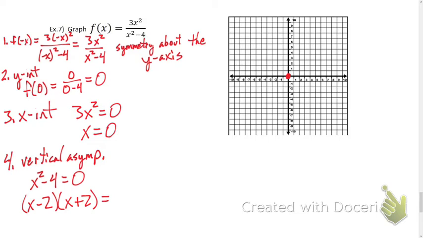And I do a quick glance up at the original equation, see if I can cross out x plus 2 or x minus 2. I can't, so I have 2 vertical asymptotes at these 2 spots. So on your graph, make a dotted line up and down through 2 and negative 2.